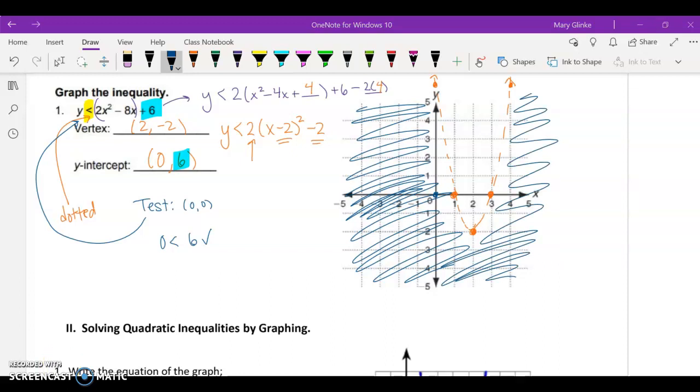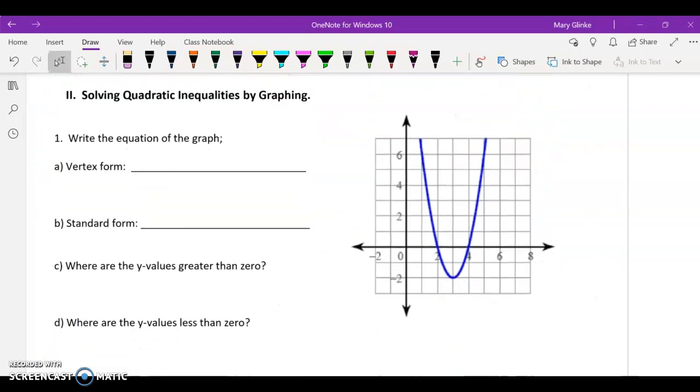So now we're going to solve a different type of inequality. First, we're going to take a look at this graph. We can look at this graph and write this in vertex form. Our vertex is at 3, negative 2. So our equation should be y equals x minus 3 squared and then minus 2. For our a value, we go over 1 and we figure out how far we go up, so that is 2.